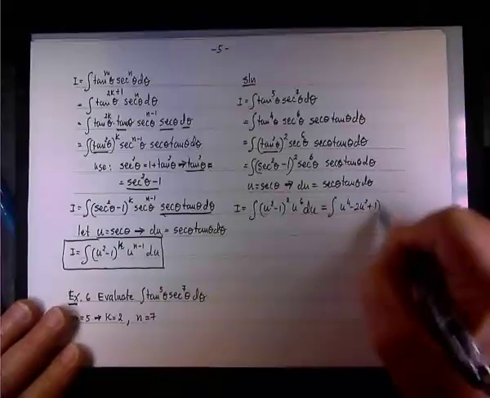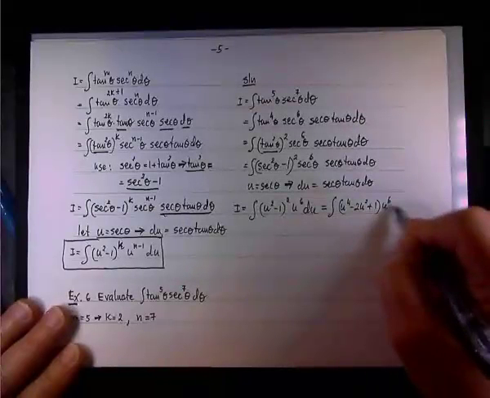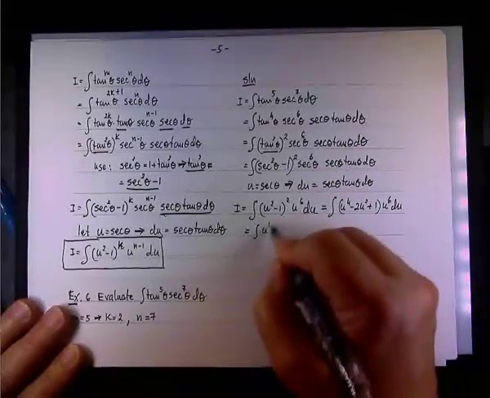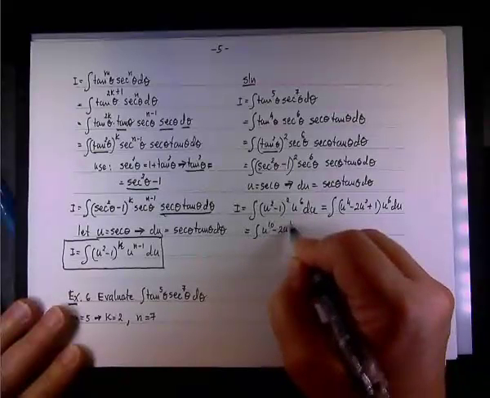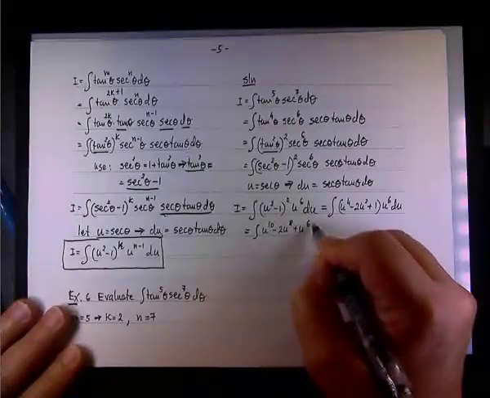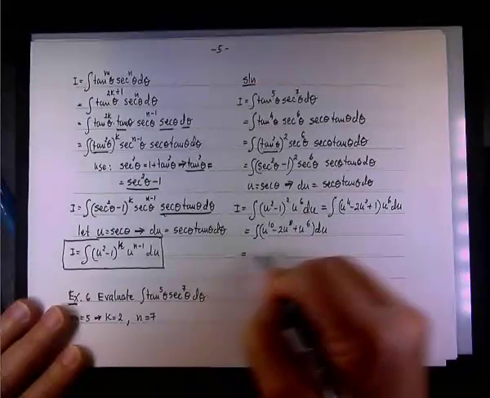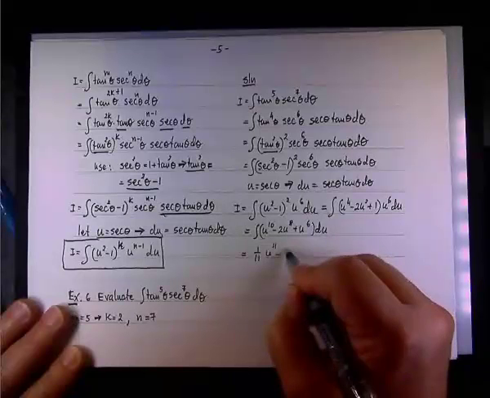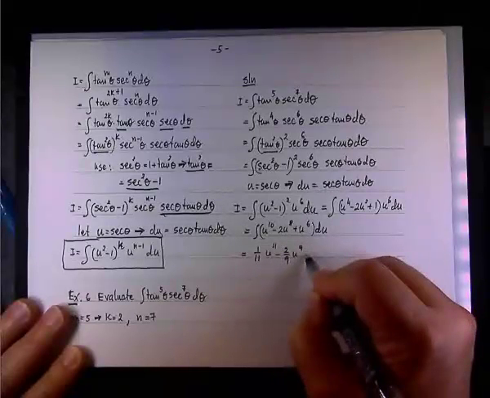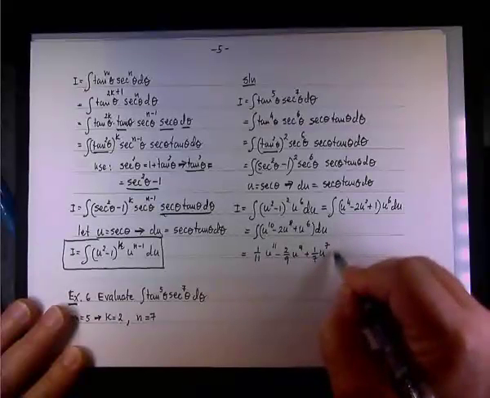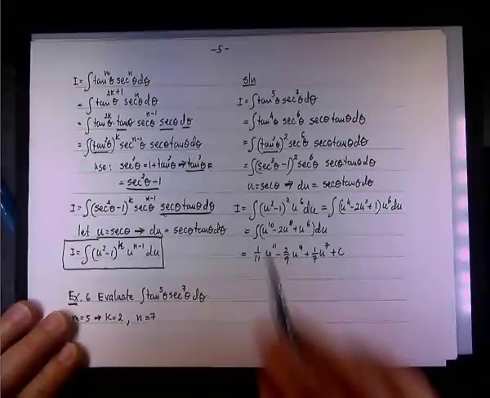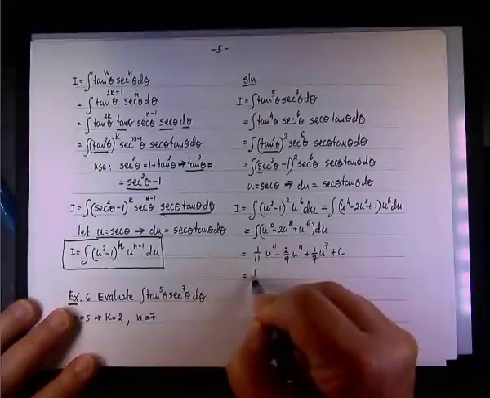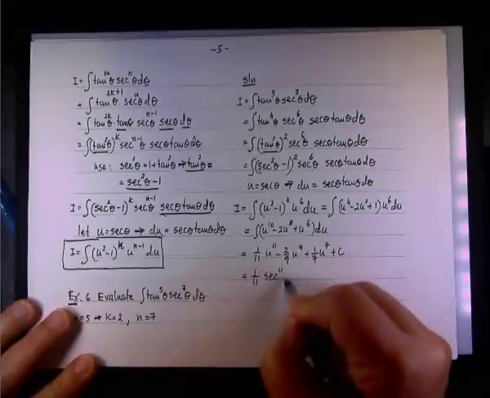So let's clear the parentheses here and finish this up. First we need to use the binomial expansion, so we'll get u to the 4th minus 2u squared plus 1 times u to the 6th du, and now clear everything, so you get u to the 10th minus 2u to the 8th plus u to the 6th du, and now the antiderivatives. 1 over 11 u to the 11 minus 2 over 9 u to the 9 plus 1/7 u to the 7th plus c.